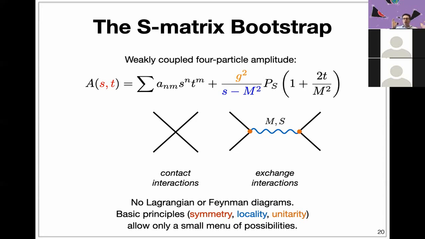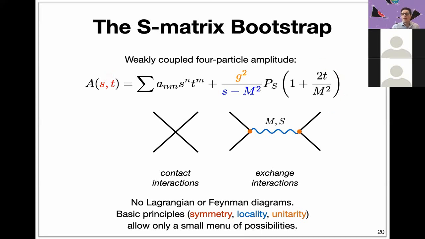And I could write all sorts of Lagrangians and models for the microphysics of these external probes. So now if I work at weak coupling, the tree-level approximation, in fact, if I use symmetry, locality, and unitarity, I can write down a formula that gives me everything.